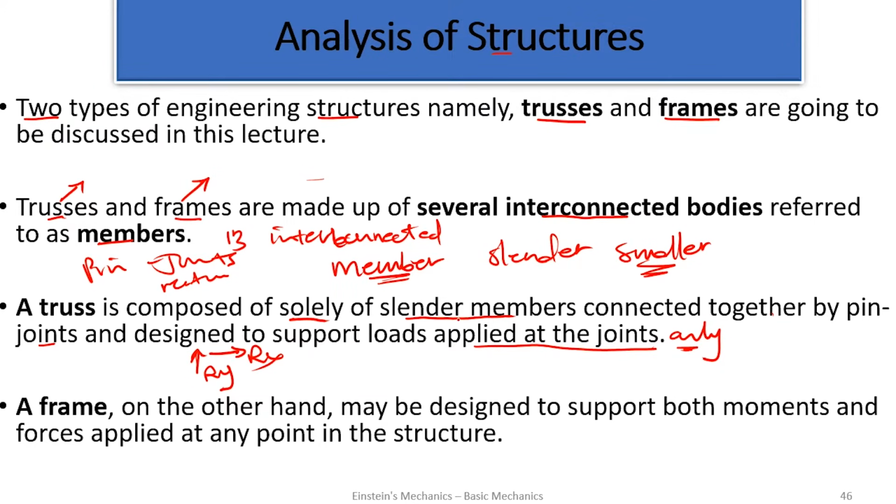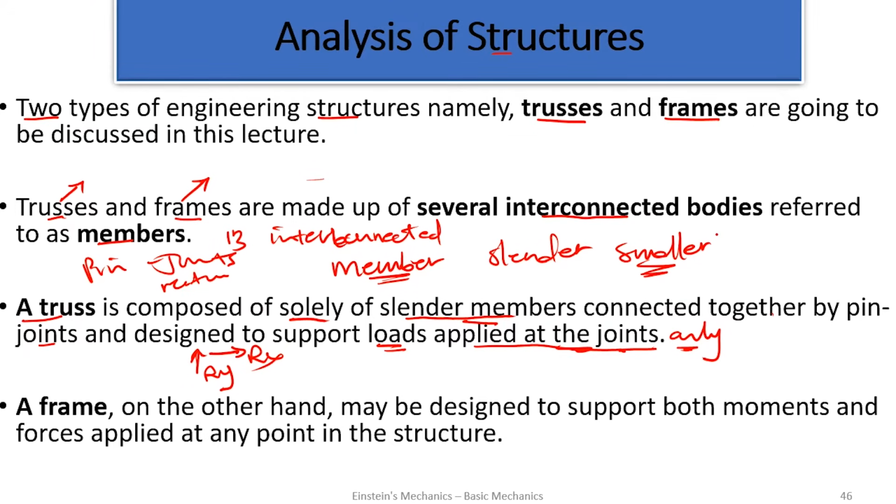At the joint. So for a truss, sometimes there can be a question on one of them, and you may not know which type of structure they are talking about, either a truss or a frame. Although the solving will help you, if you understand, you solve it. But to identify it as a truss, first check if the loads, the forces, are applied at the joint. Are we good? So if the forces are applied at the joint only, then it's a truss, and the members will also be slender.